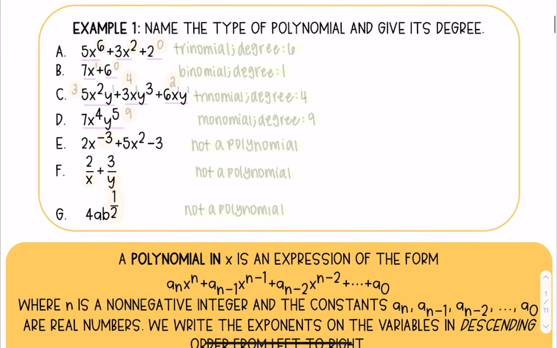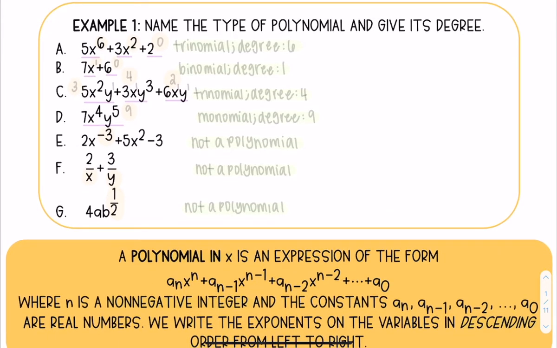So the degree of 5x to the 6th is 6. The degree of the 3x squared is 2. And the degree of just a constant, any constant, is 0, because it doesn't have any variables attached to it.